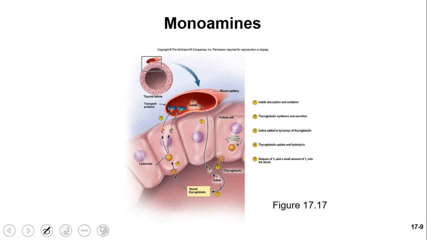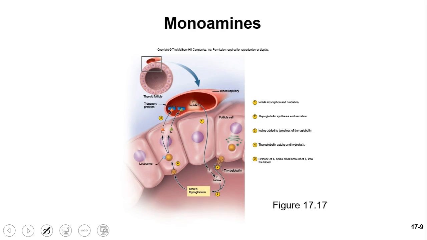Thyroglobulin is a polypeptide of tyrosine residues. It's all the same. And when the thyroglobulin gets secreted into the center of the follicle, as it enters, iodine is added.